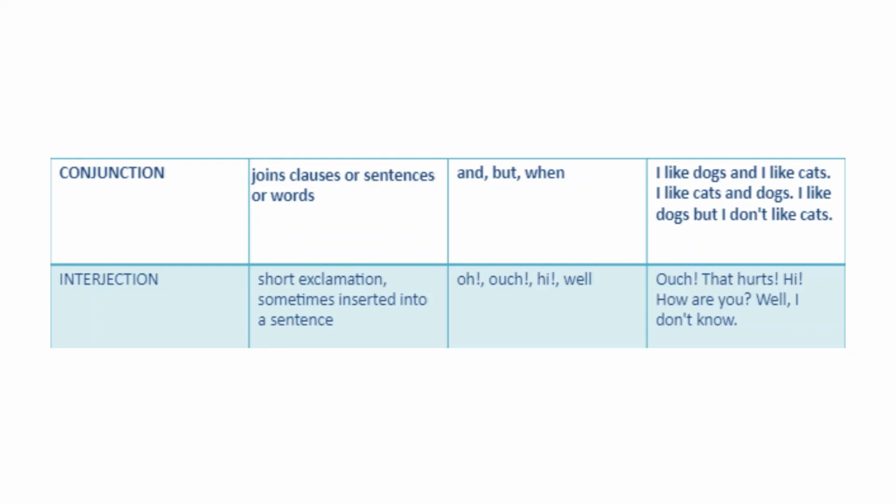Second one is, I like cats and dogs. And the last one is, I like dogs but I don't like cats. In the first statement, we have connected two sentences using and. In the second statement, we have connected two words using and. And we have connected two sentences using but in the last statement.